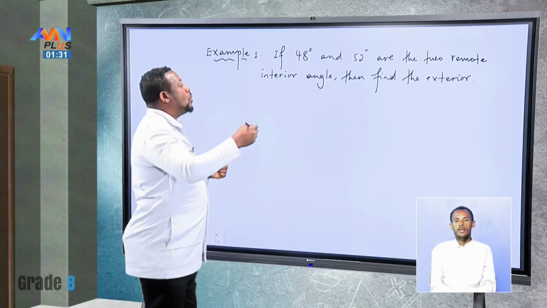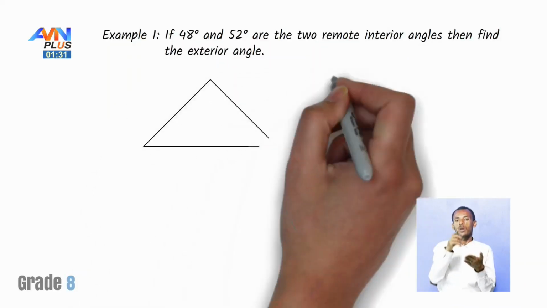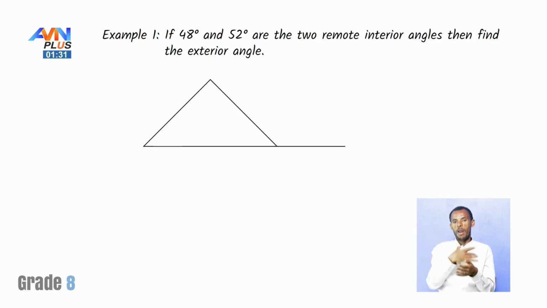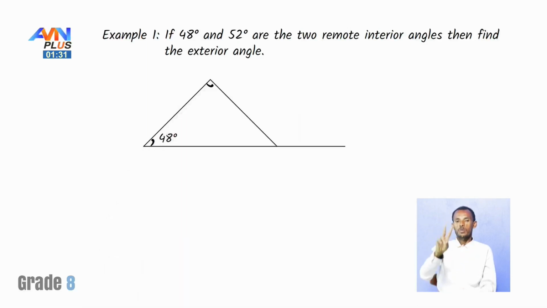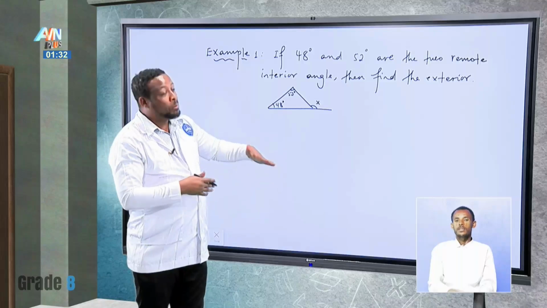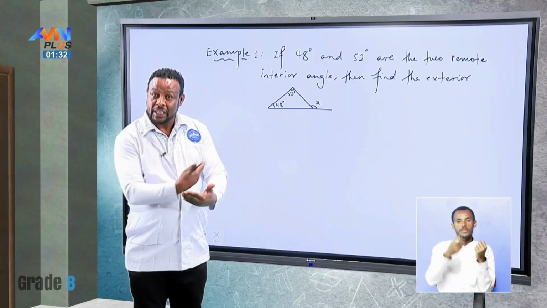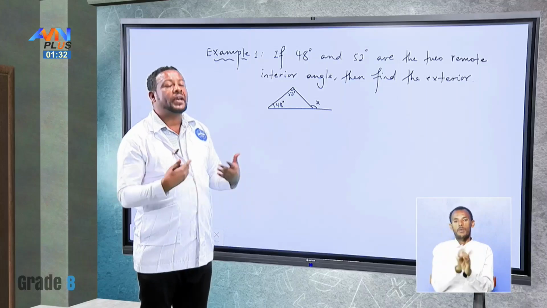So you can write like this, one is 48 and this is 52, because these are the two remote interior angles, and this angle is X here, right?